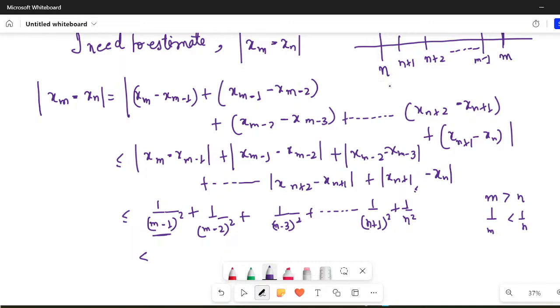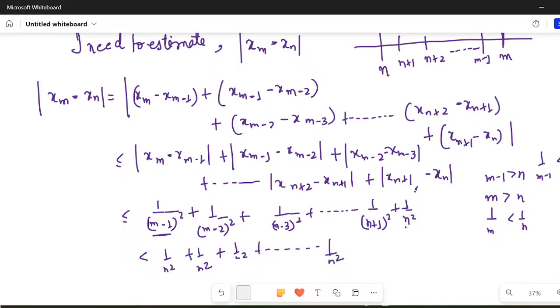So I can compare all these terms with 1 upon n square. So 1 upon m minus 1 is also less than 1 upon n, so each term is less than 1 upon n square, and all these things are less than 1 upon n square.